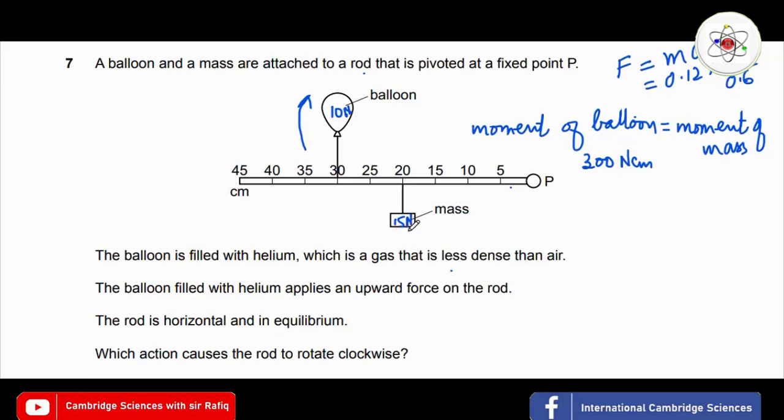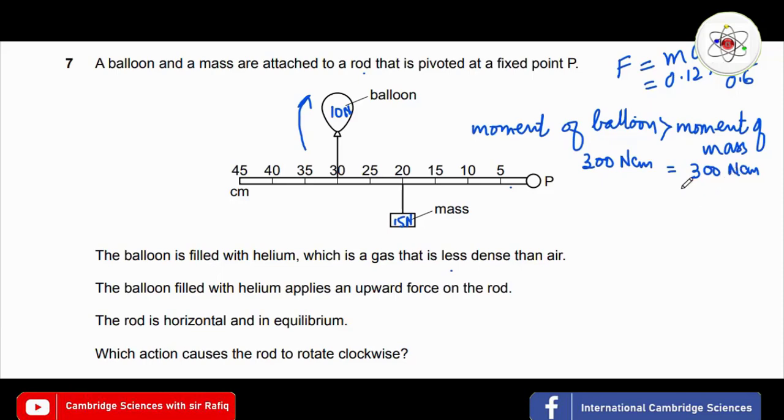So 15 into 20, again 300 Newton centimeter. But when it is asked which action causes the rod to rotate clockwise, the moment of the balloon should no longer be equal, but greater than the moment of the mass.